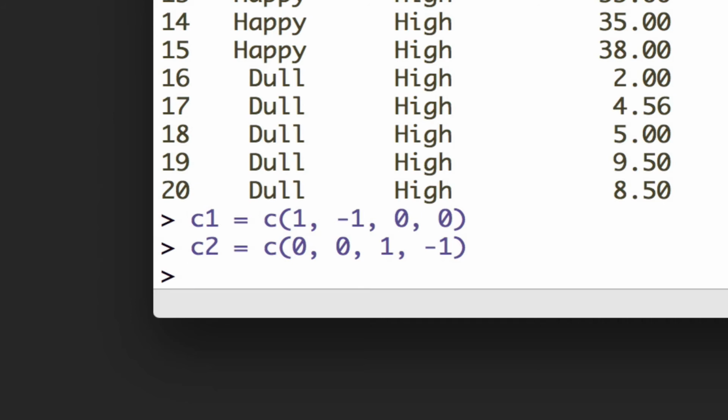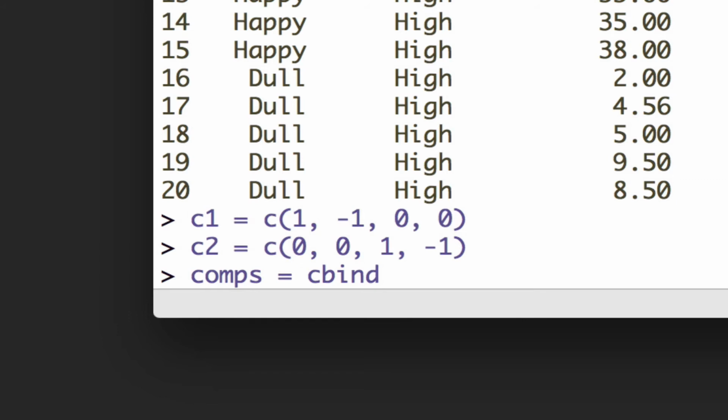Now, for R to understand this, it needs to be in what's called a matrix. That's basically just a table of numbers. Without being in separate comparisons like they are now, it won't sit in a table of numbers. So to do that, we're just going to say our comparisons, or comps as I'm going to abbreviate it, are going to be equal to cbind.